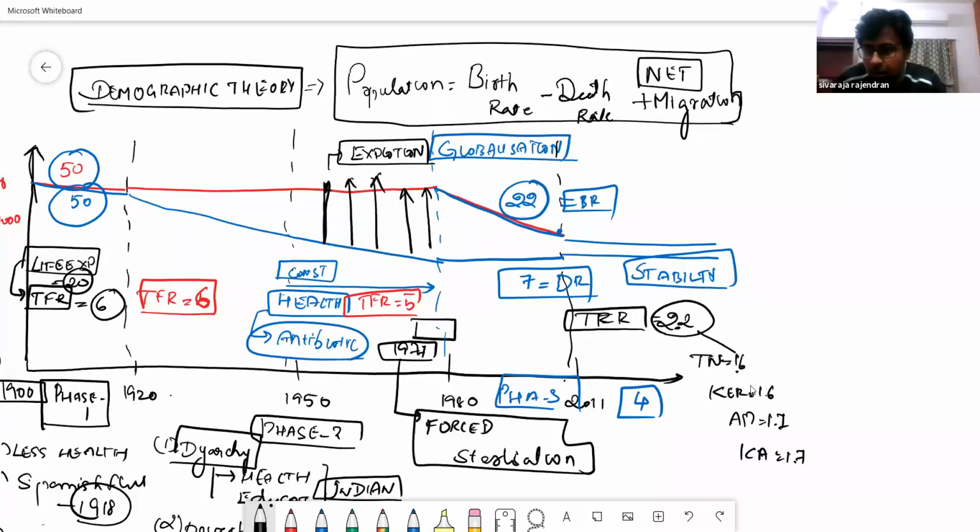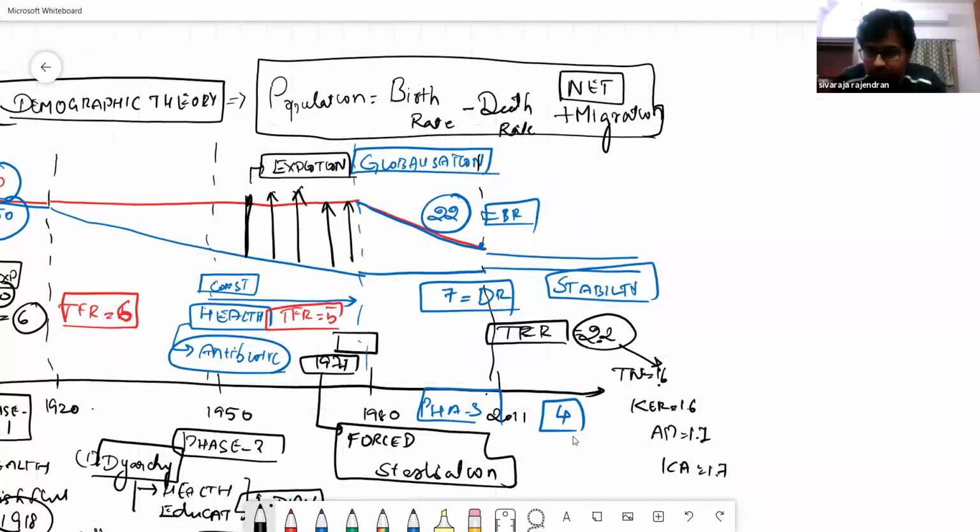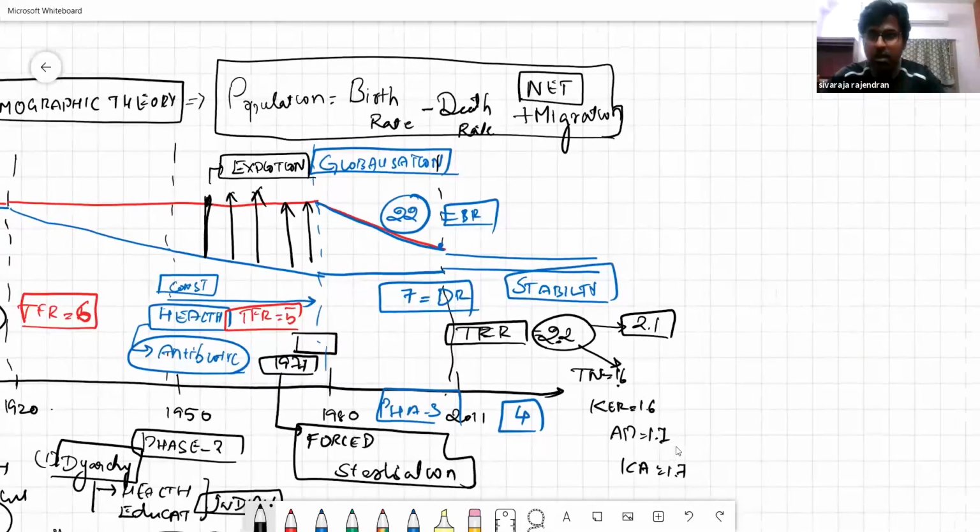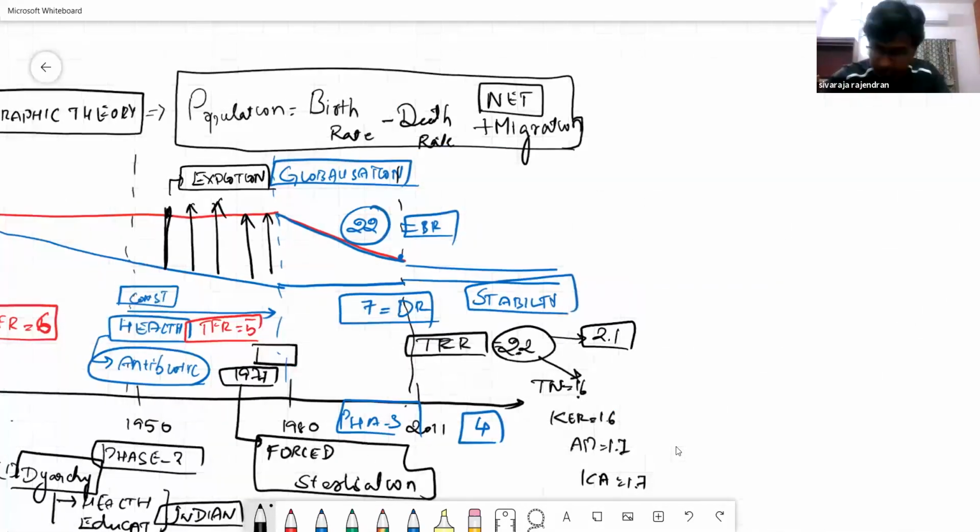What does this mean? The total fertility rate of a country has to be 2.1. If it is 2.1, the number of people dying will be replaced by the number of people born. That is the cut-off. When it goes below, like 1.6, 1.7, 1.4, the people dying are not being replaced.